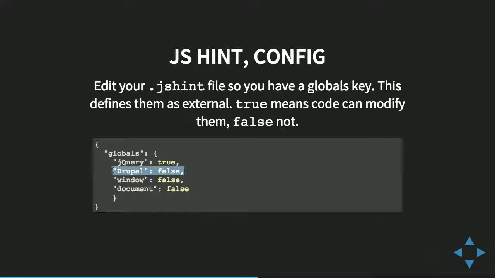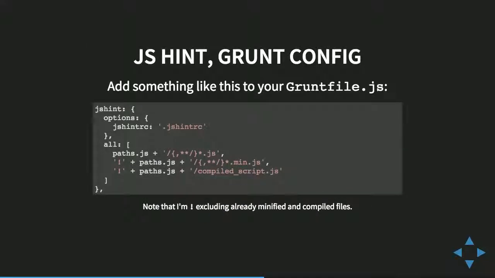Like in this case, we're telling JSHint that you're disallowing the Drupal object from being modified. Right? So anywhere in your code you try to set Drupal to something or modify it, JSHint is going to kick it out. Then you have to add some JSHint stuff to your Gruntfile.